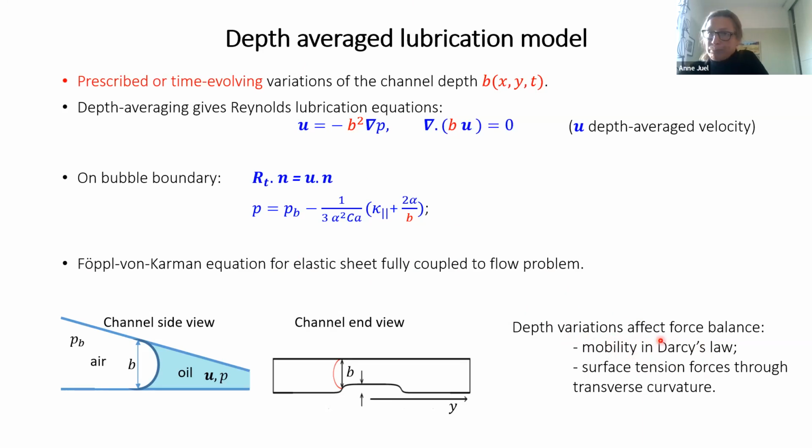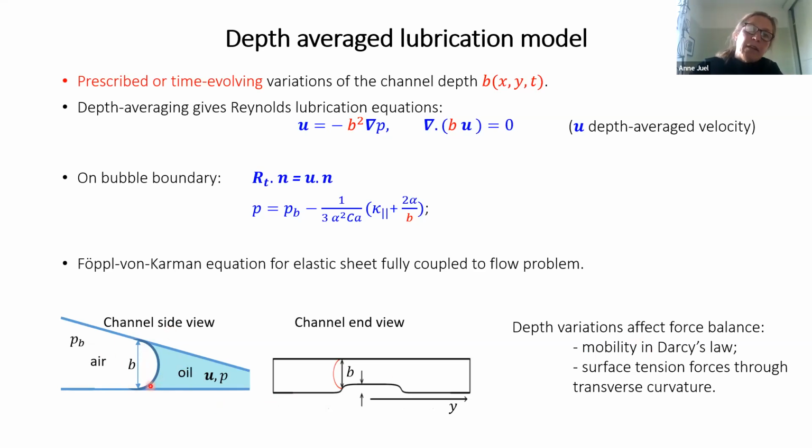the physics. So here you have depth variations that are going to affect the force balance, which corresponds to the injected air working against viscous and surface tension forces. And by having a variable depth, you get changes in mobility in Darcy's law.